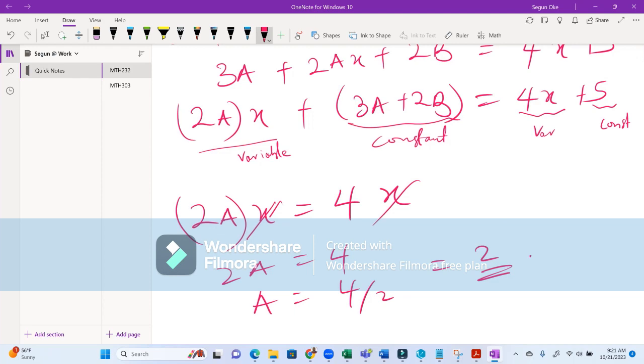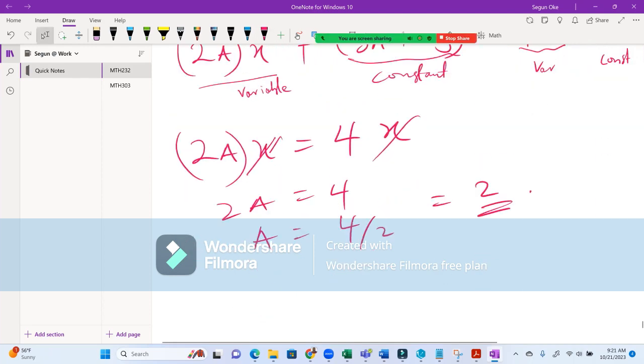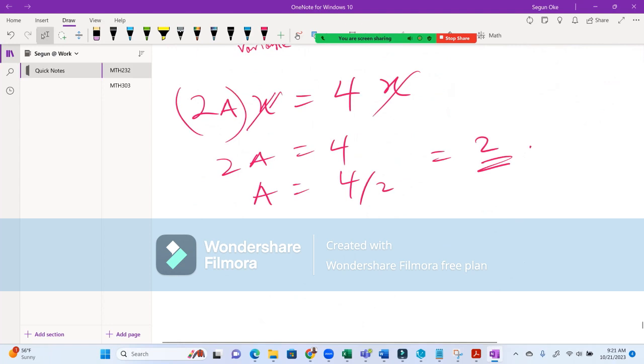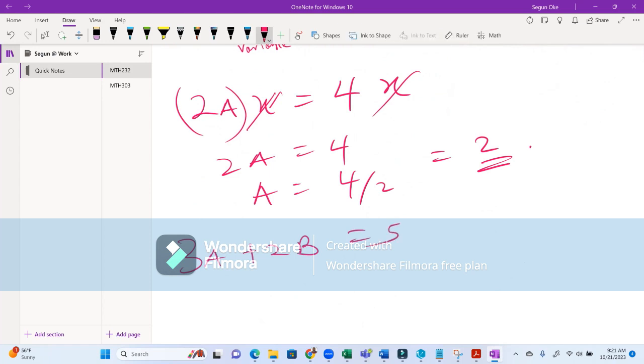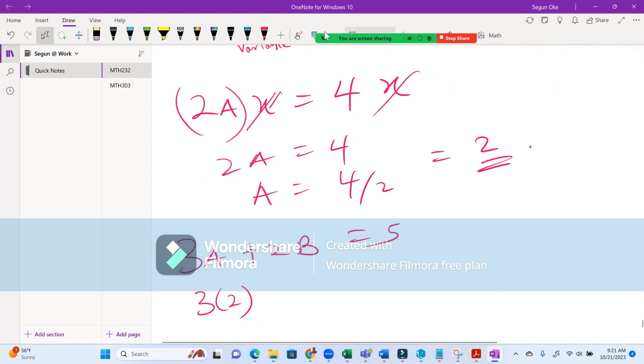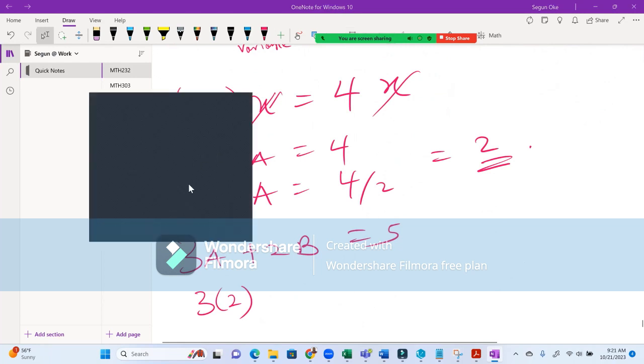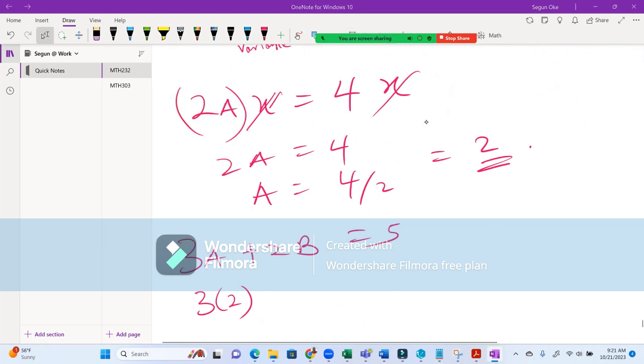Let's continue. So how do we solve the second one? We have it to be what? 3a plus 2b equals to 5. You know your a will be 3 into 2. 3a, right?